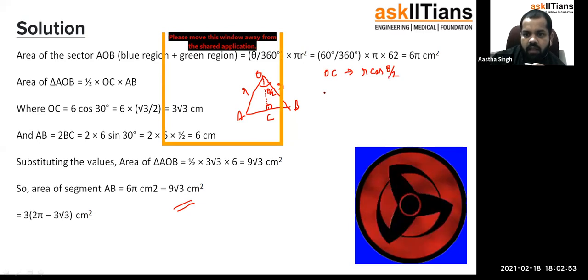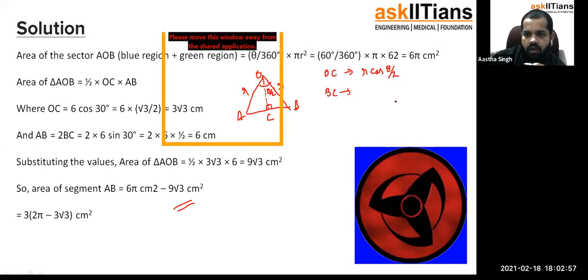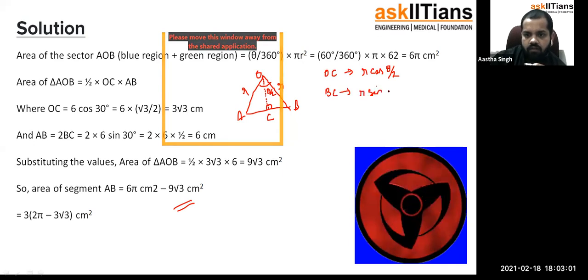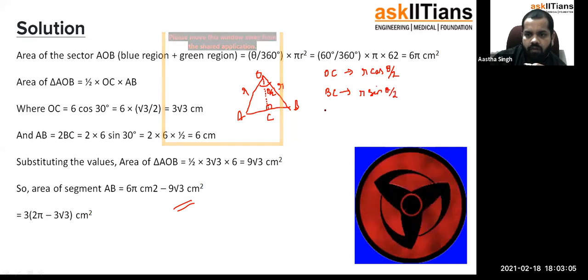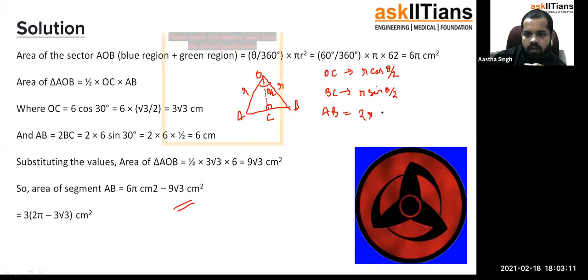Okay. What is the length of BC? Your BC will be R sin theta by 2, right? So what will be the length of AB? AB will be 2R sin theta by 2.